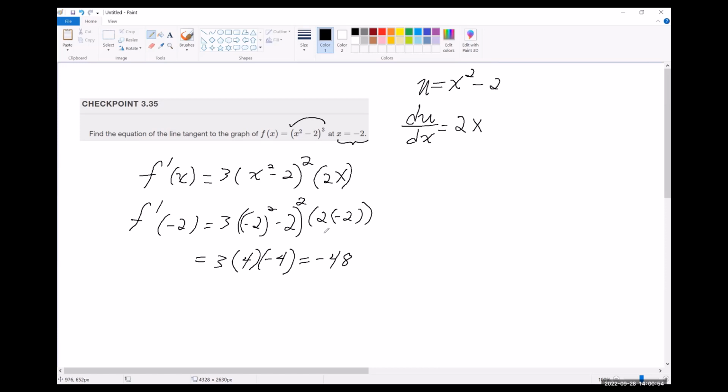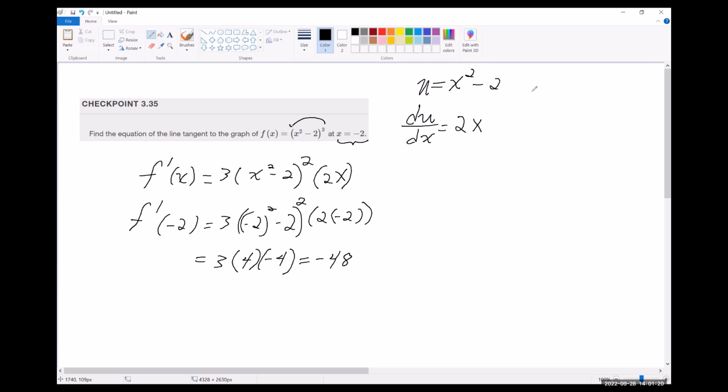So this is going to be the slope. -2 squared is 4. 4 minus 2 is 2. 2 squared is 4. Okay, yeah. So this is this 4. This 3 is this 3. And then 2 times -2 is -4. 3 times 4 is 12. Times 4 is 48. All right, that looks good to me so far.